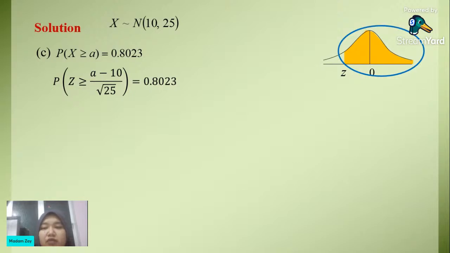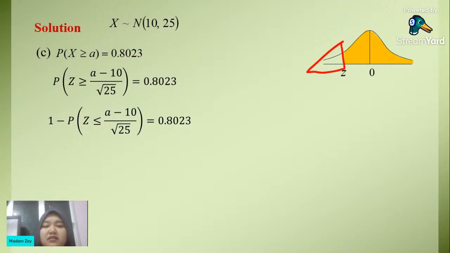Okay, so if we have the left of 0, what do we do to get this one? We need to find the complement, so we need to subtract the smaller triangle. It will be 1 minus probability of Z less than or equal to (A minus 10) over square root of 25. And then we don't have this left side of Z on the left side of 0, right? So we reflect.